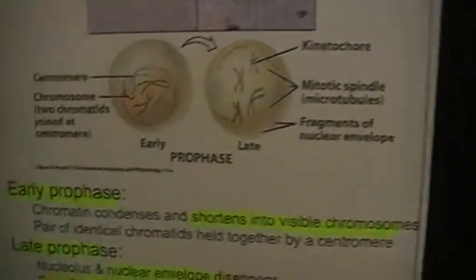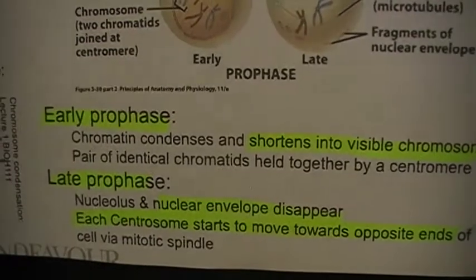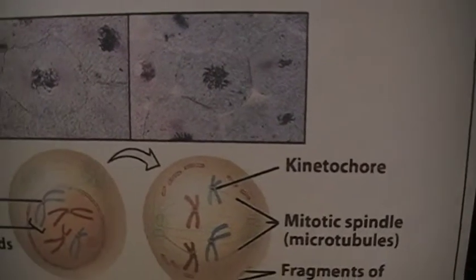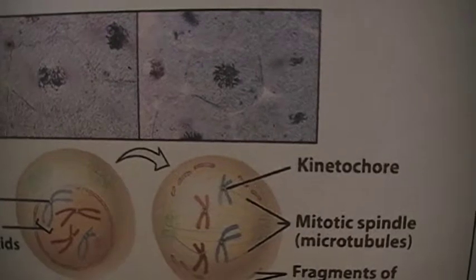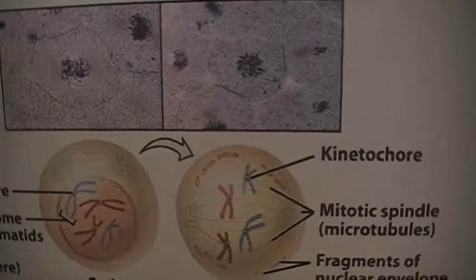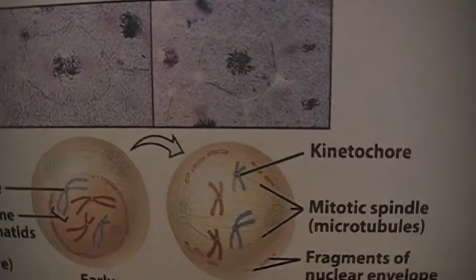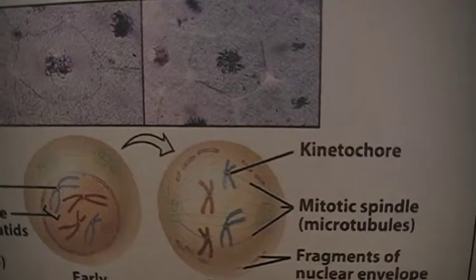First of all, we have early prophase. What condenses and shortens? Something starting with C condenses, and then they shorten into visible.